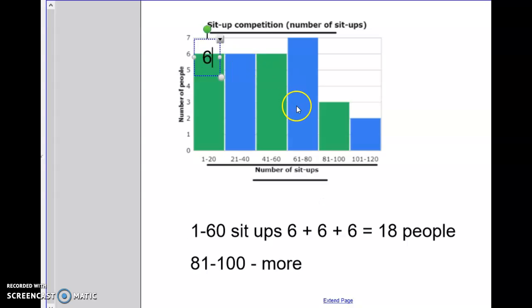Well, 6 people did this many sit-ups. 6 people did 21 to 40 sit-ups. 6 people did 41 to 60 sit-ups. 7 people did 61 to 80. 3 people did 81 to 100. And 2 people did 101 to 120. So to find the total number of people that did sit-ups, you would simply add all of those numbers.